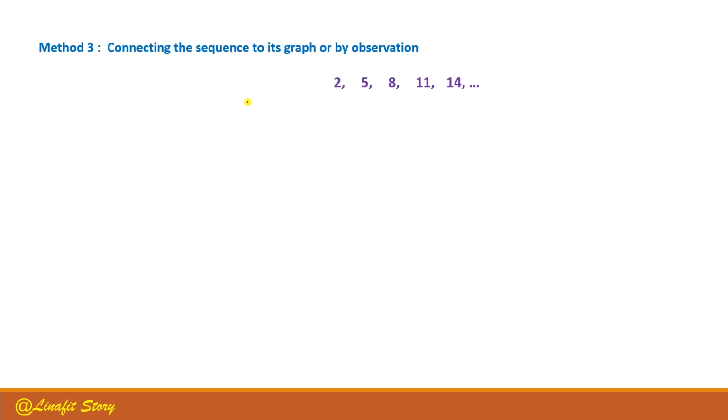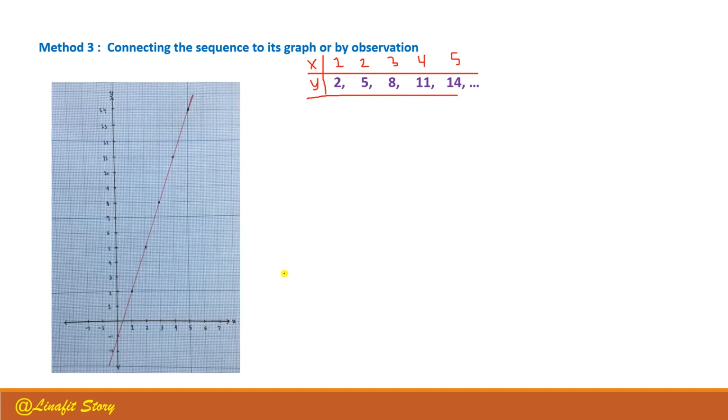The third method, connecting the sequence to its graph, or by observation. The first term is 2, the second term is 5, the third term is 8, the fourth term is 11, the fifth term is 14, and so on. So let's say this is x, the input. Here is y, the output. Then we will draw the graph. Here is the x-axis.